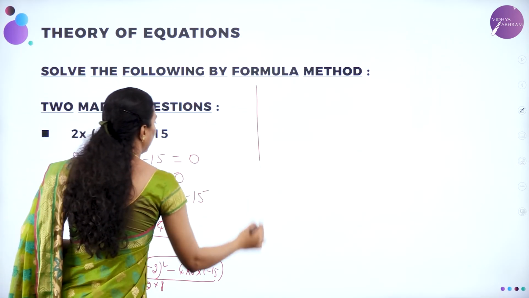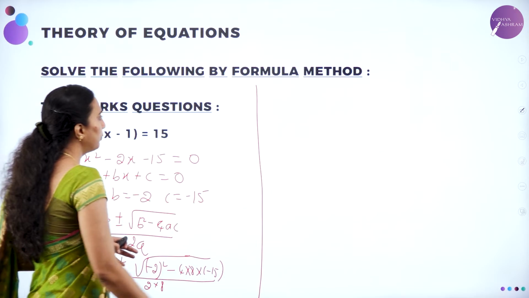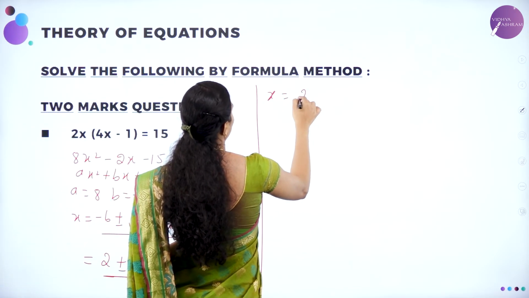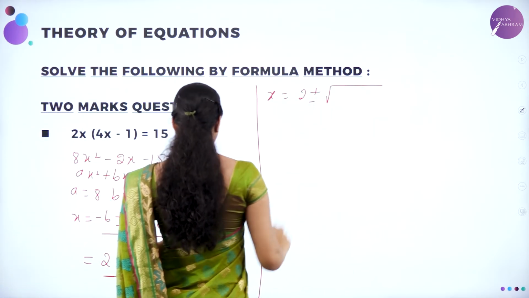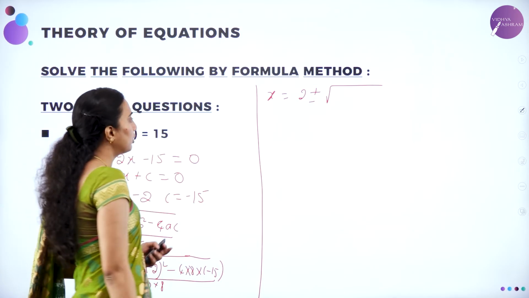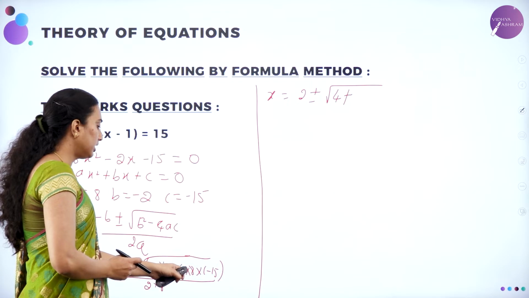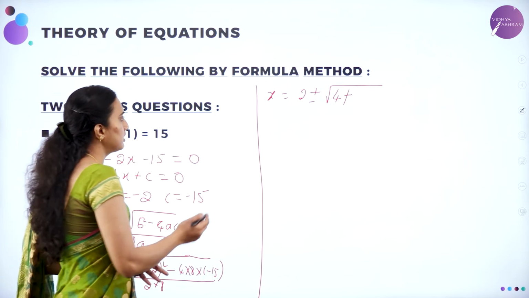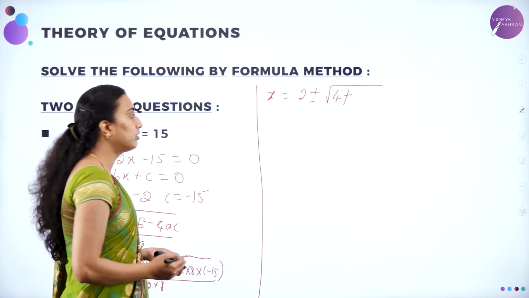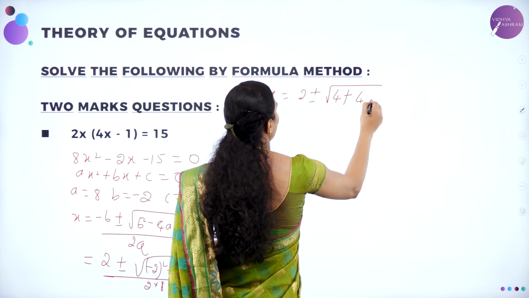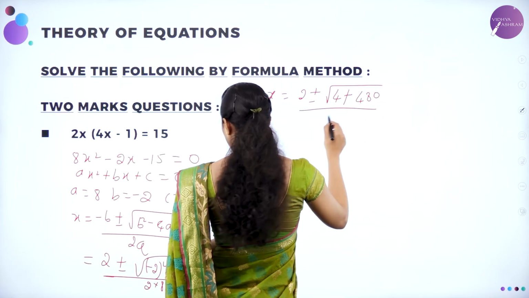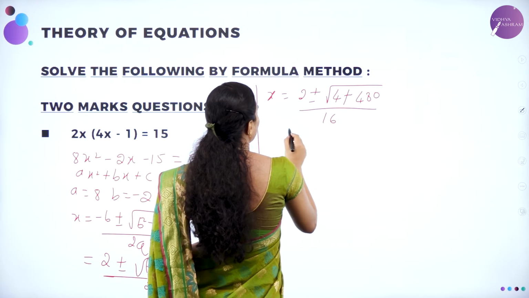Further simplification will give you 2x equal to 2 plus or minus square root of, again minus into minus is plus, 2 squared is 4, plus 8 4s are 32, 32 into minus 15, minus into minus is plus, 15 into 32 gives you the answer after calculating 480, divided by 2 into 8, 16.